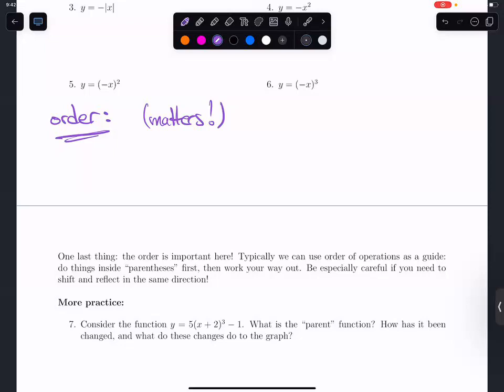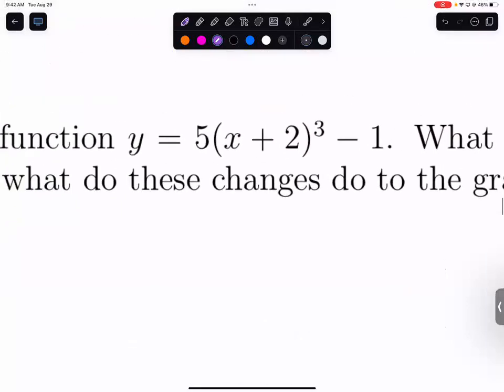So if I look at this, for example, first of all, what kind of function is it? A cube. So it looks like that, right? It's a cubic function.